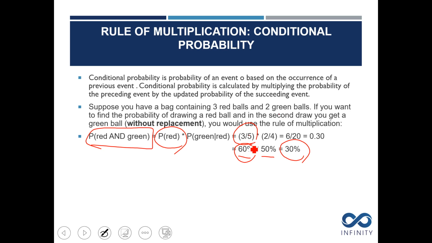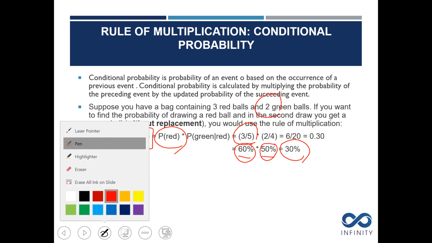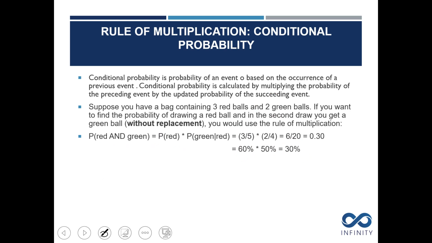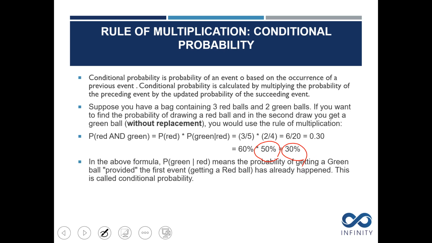There are 2 chances out of 4 options, or 2 by 4, or 50%. So once you draw the red ball, the chance of getting a green ball is 50%. So the probability of drawing a red ball first and getting a green ball second is 30%. So this is what we call conditional probability.